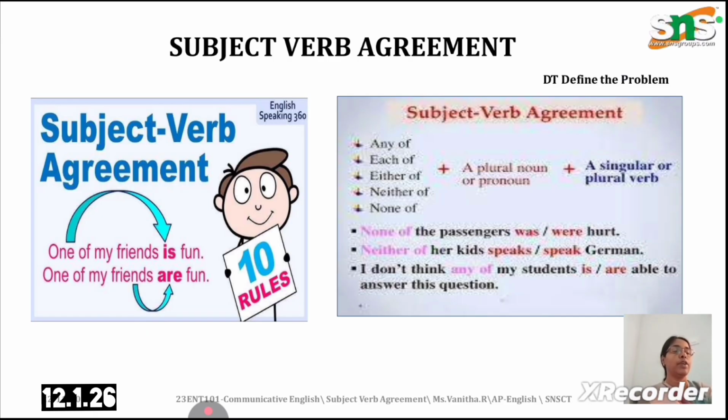When you have and with two different subjects, we are supposed to use the plural form of the verb. And when you have a single subject used with the conjunction, how is it possible to use one subject with a conjunction?